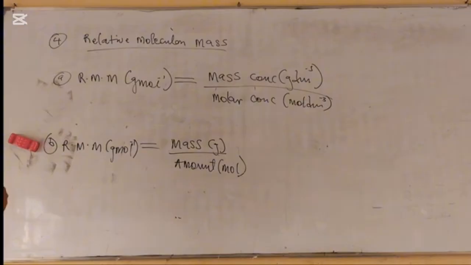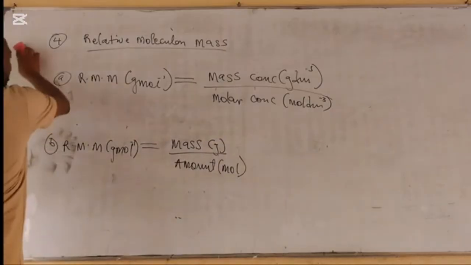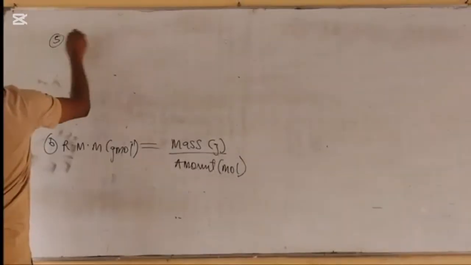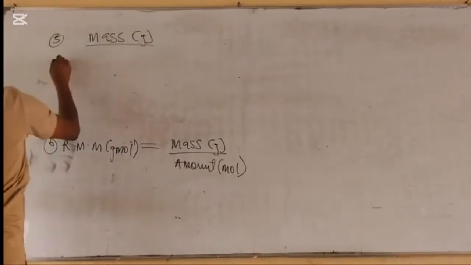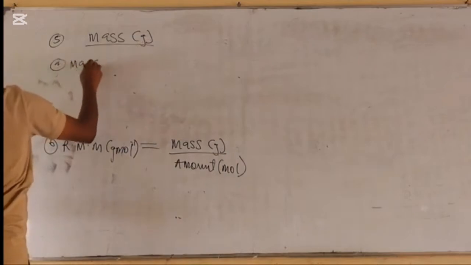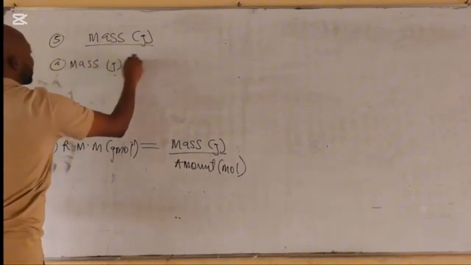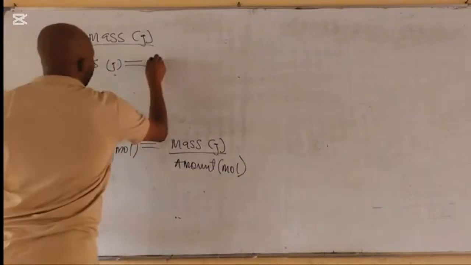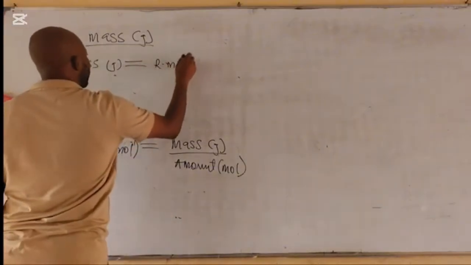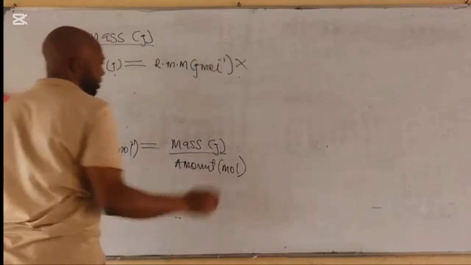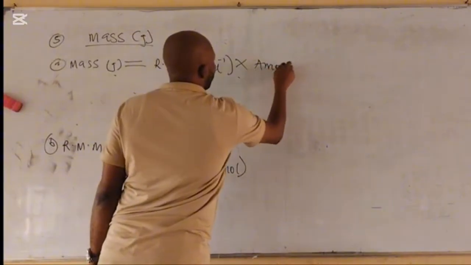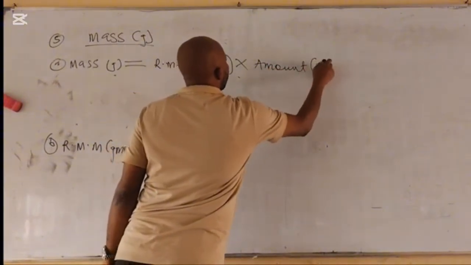Okay, let's move on to formulas for mass. This is the fourth. Let's look at the fifth formula, mass in gram. A, mass in gram is equal to relative molecular mass in g per mole times amount in mole.